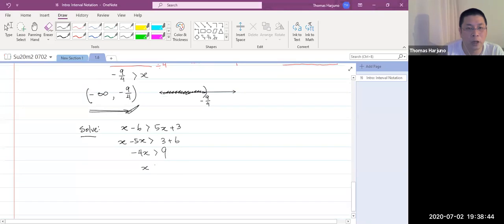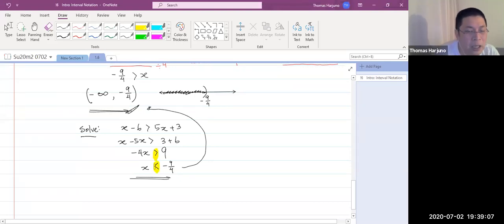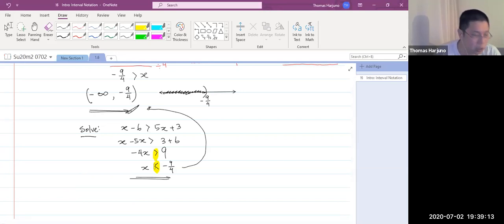When you divide by -4, reverse the inequality sign at the same time. Okay, now you see that this is what we get also. Here you need to reverse the inequality sign because your procedure makes x have a negative coefficient, such that for me to get rid of that negative coefficient, I need to divide by -4 in that case.